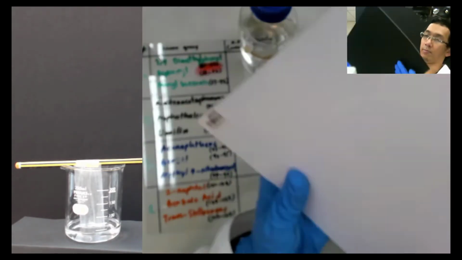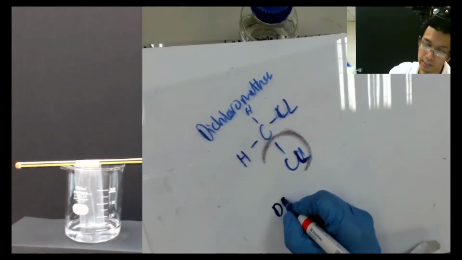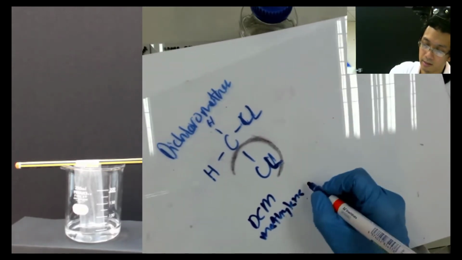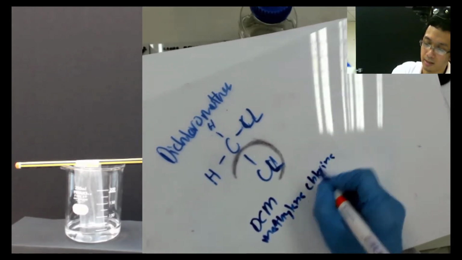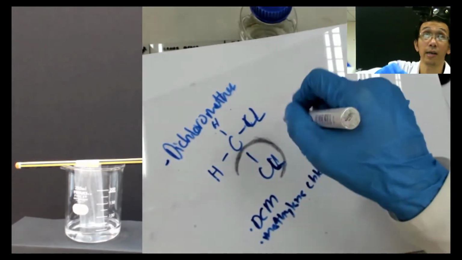I put it here, it's much easier. We call it DCM, methylene chloride, dichloromethane, all the same name. If you look here, there is no OH group, so that's why it's non-polar.